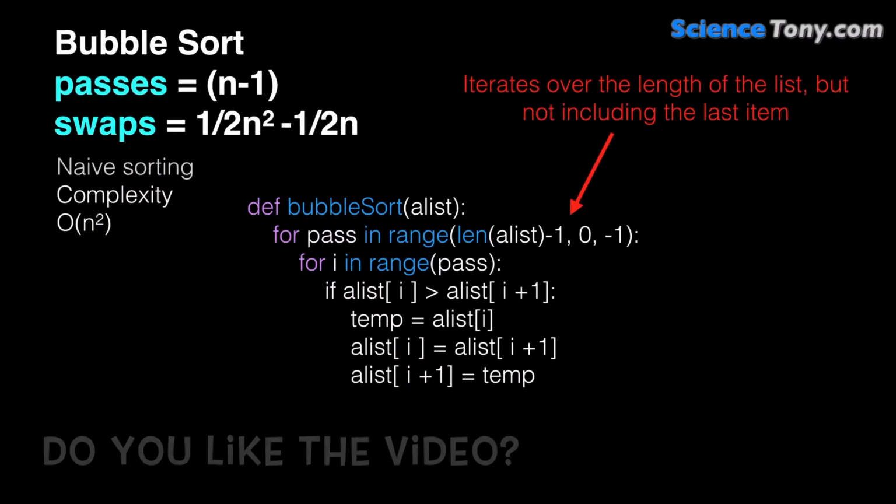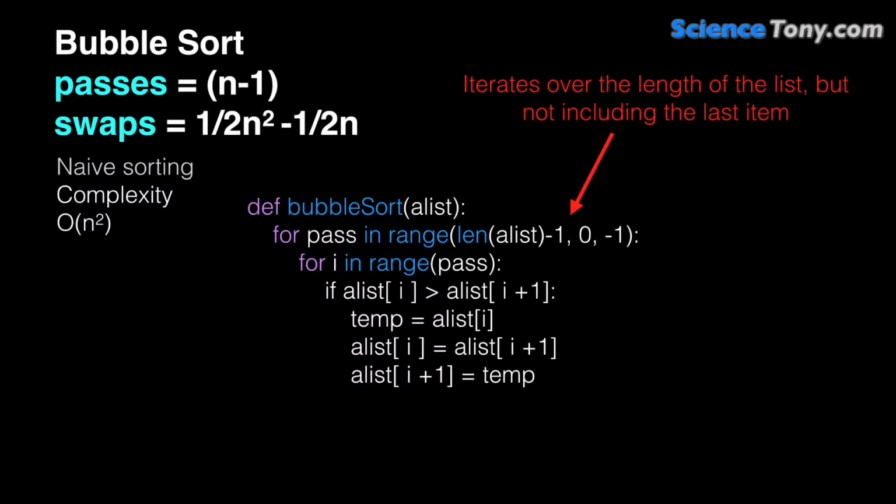It's a naive sorting algorithm and its complexity is O n squared. It's got 2 for loops, which is n times n equals n squared. Now, if we look at the first for loop, you'll notice that we have the length of the list minus 1.